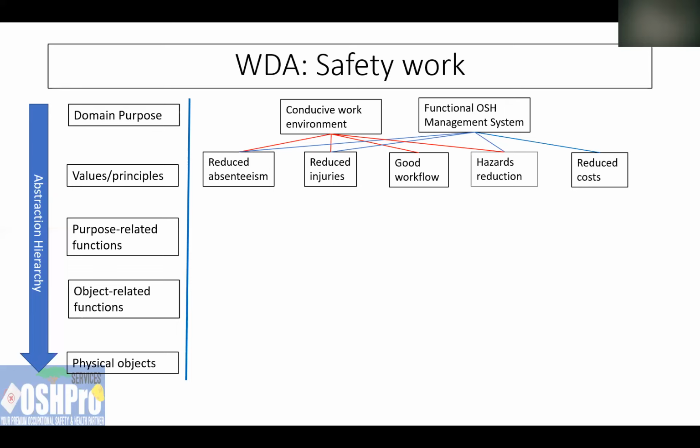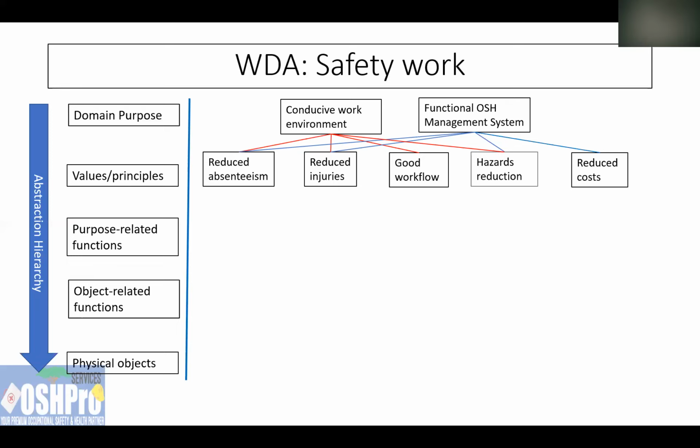But you see that good workflow maybe is not a function of the OSH management system. So we don't have a connection between the functional management system and good workflow. And at the same time, we see that reducing cost is not part of a conducive work environment. Then we don't have any connection between conducive work and reduced costs.